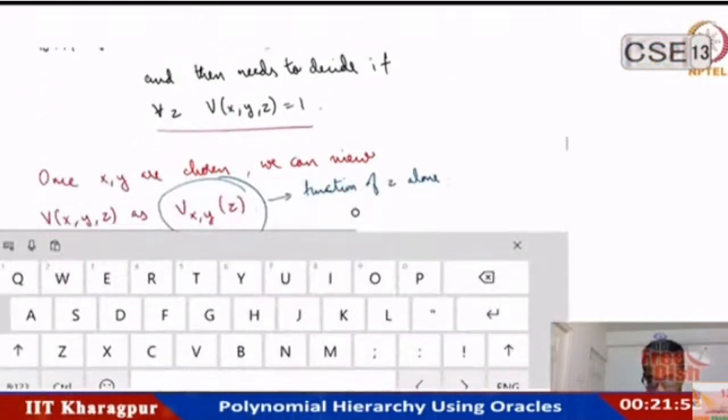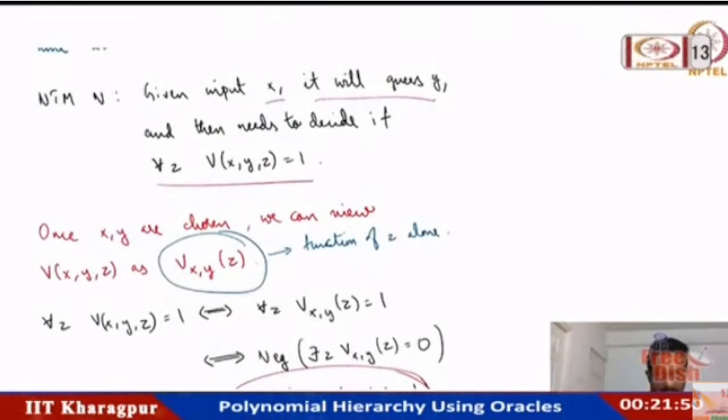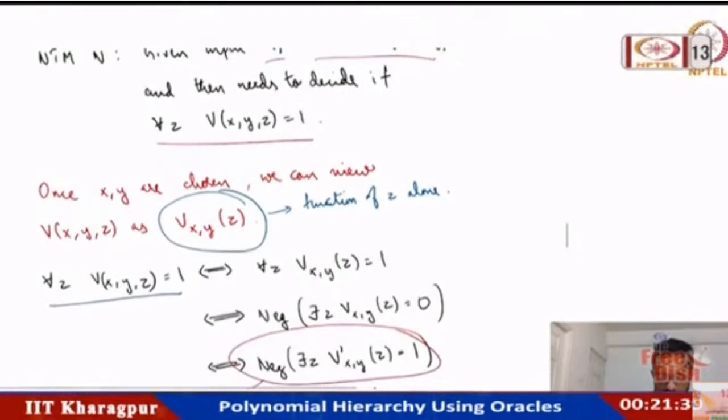So now the NP machine needs to decide. Again, notice that till now we have not made use of the SAT oracle. The NP machine needs to decide whether for all z, V_xy(z) is equal to 1, which is the same as what we defined V_xy to be. And so what is the negation of this?